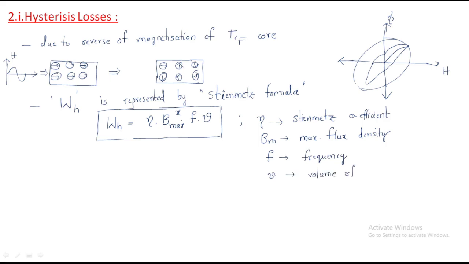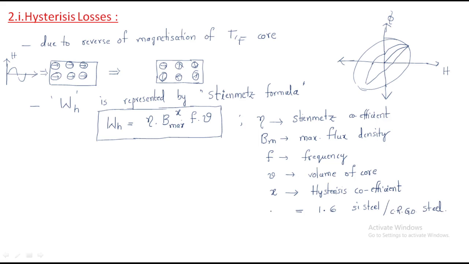We have a core, and it has some value. And here x is the hysteresis constant, or coefficient, anything. It has some value, directly 1.6 for silicon steel, or we can use it for CRGO steel.